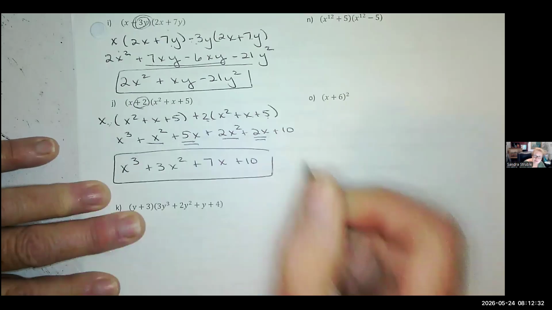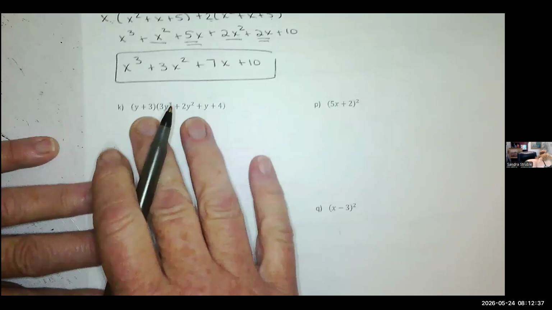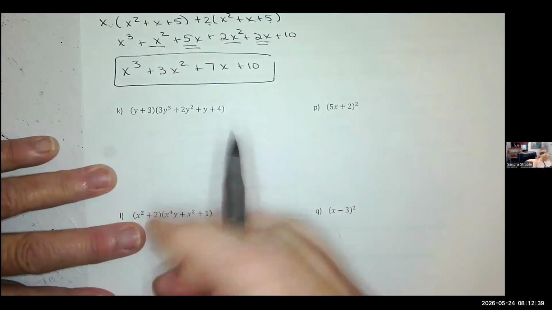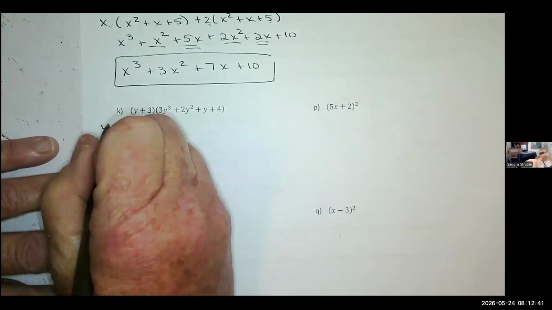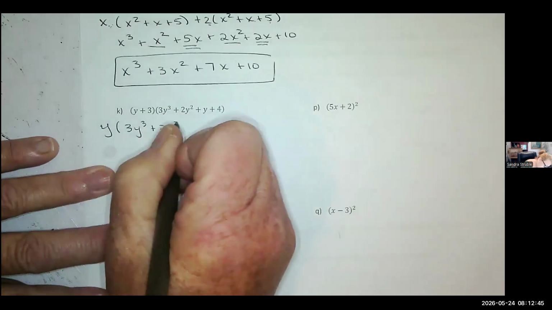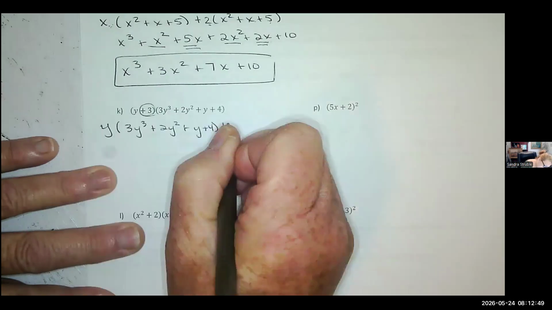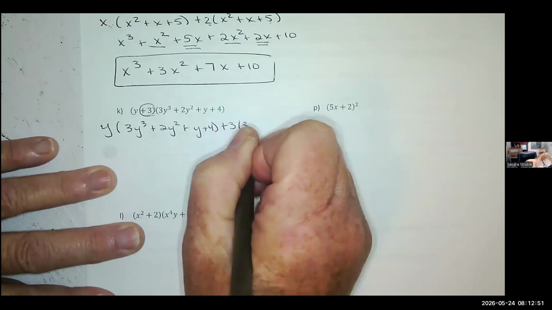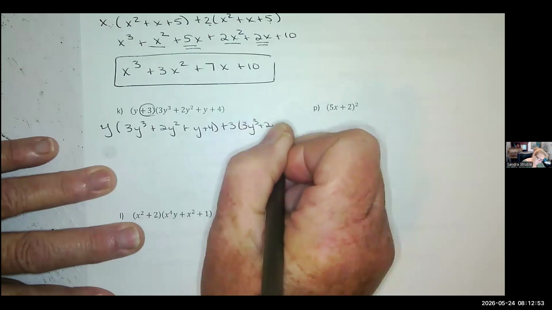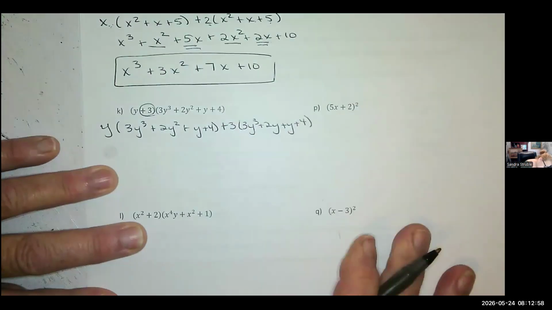Same thing for this one. You can only use the distributive or the box method. So y times 3y cubed plus 2y squared plus y plus 4. Bring down the plus 3. And then the same thing, 3y cubed plus 2y squared plus y plus 4. Boy, I'm glad this can't be foiled. That would be nasty.